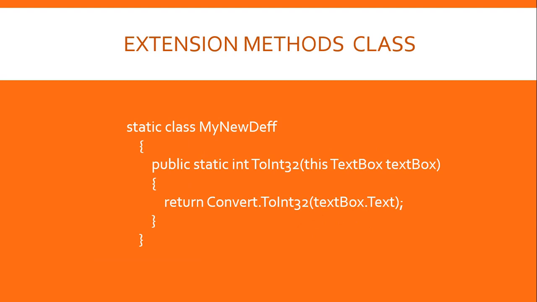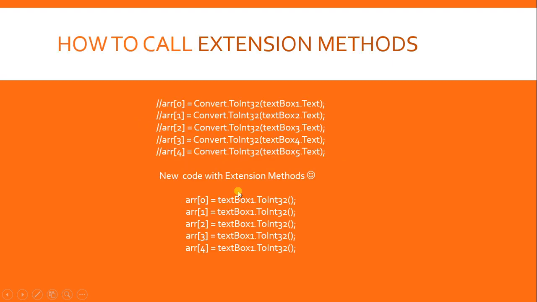I have created a static class, MyNewDefinition, with a method: public static int ToInt32, which contains a parameter with the this keyword, this TextBox object. We return the text box object's Text property after converting it into an integer. So as per requirement, my code is textbox1.ToInt32, and we can directly call the extension method.